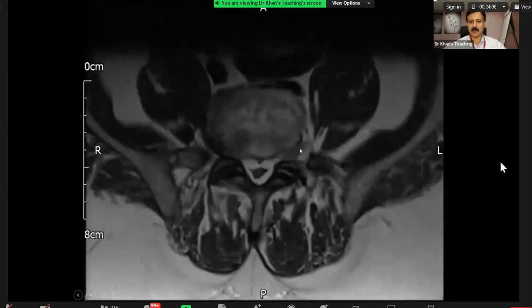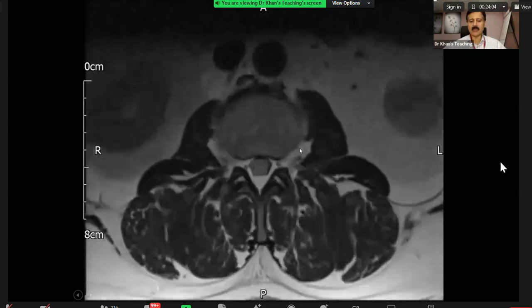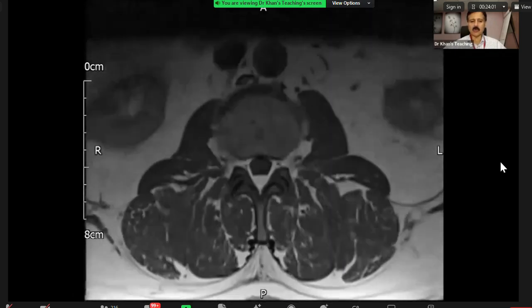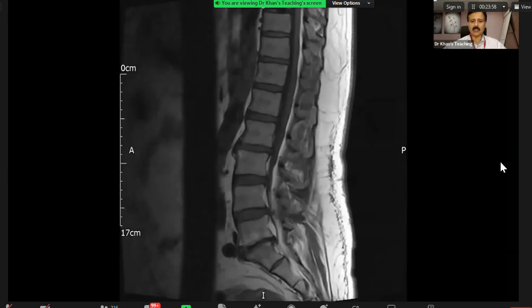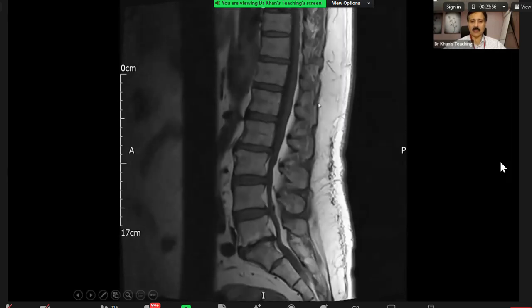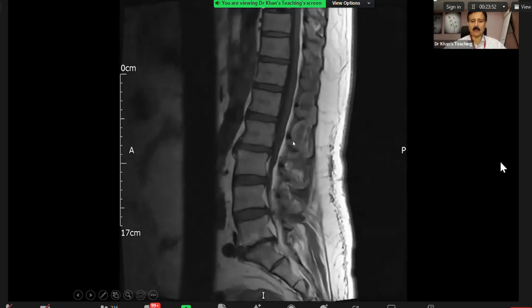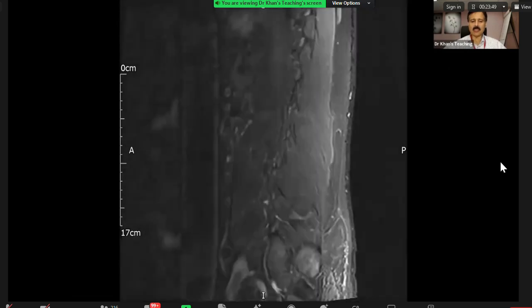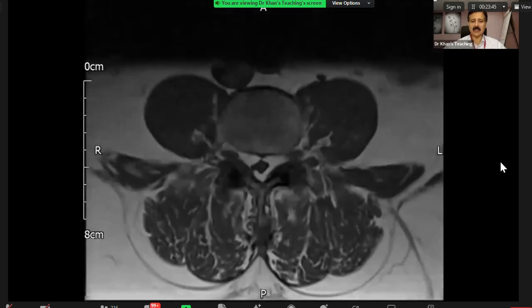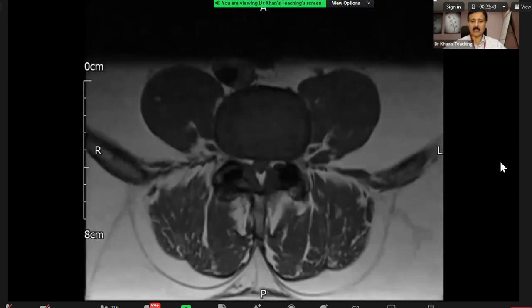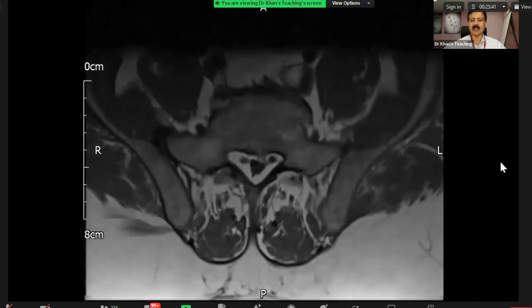The adrenal nodule was a sort of pointer to what is happening, because this patient has got a lot of fat. Even here, there is a lot of fat. When there is epidural lipomatosis, it compresses the thecal sac like this. It is a mechanical effect and it can cause a lot of symptoms.